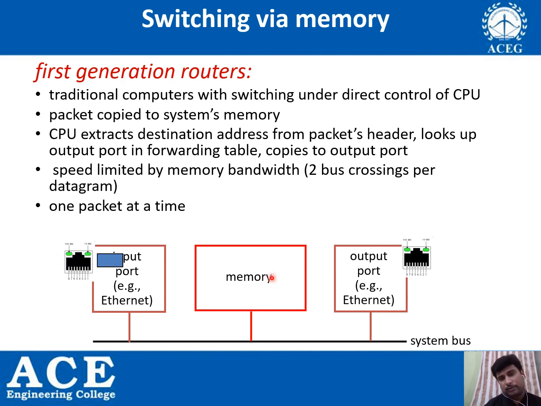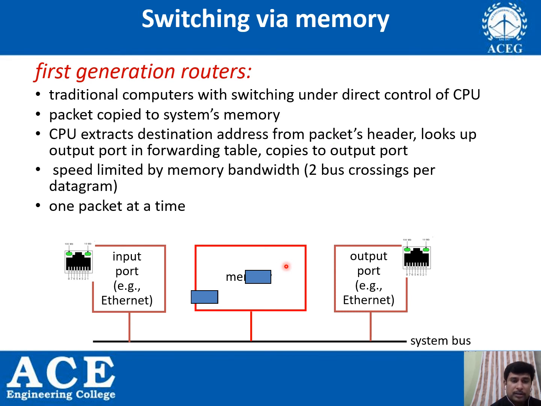Now, traditional computers with switching under the direct control of the CPU, and here we have a part of the CPU called memory. The packets which are received are copied into the memory. Then the CPU extracts the destination address from the packet's header. The memory is storing the packet, and the CPU is extracting the destination address from the packet's header.